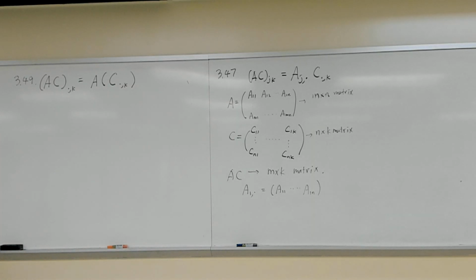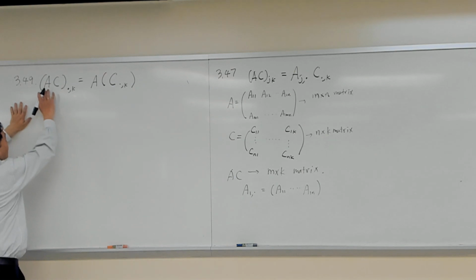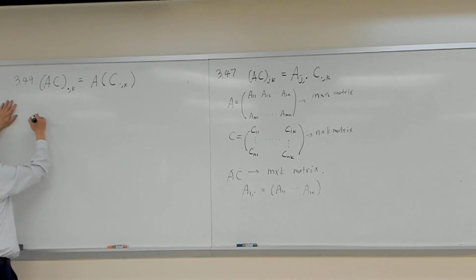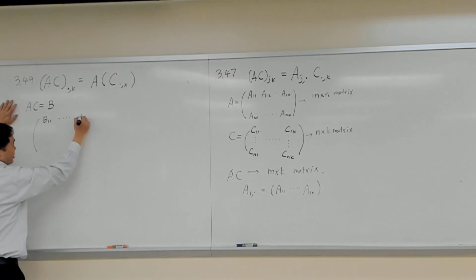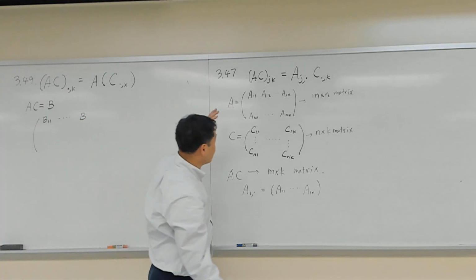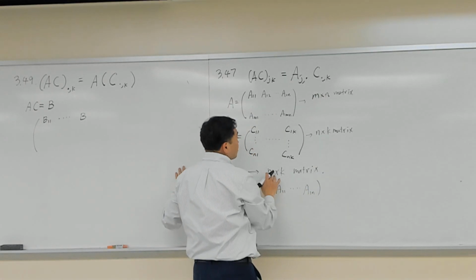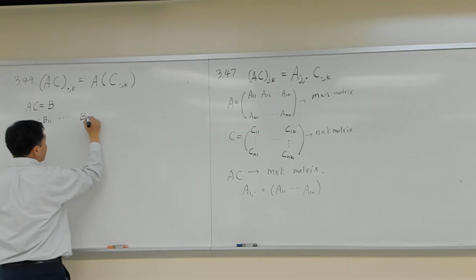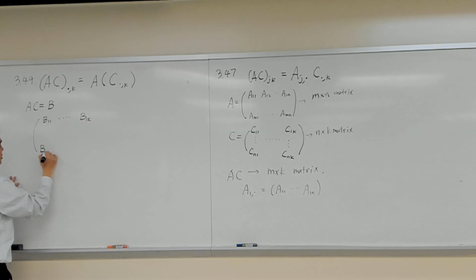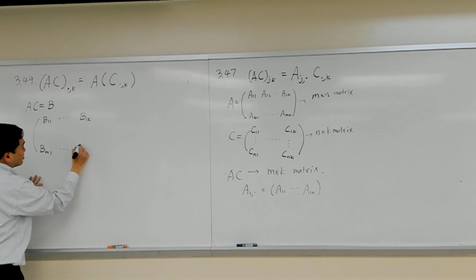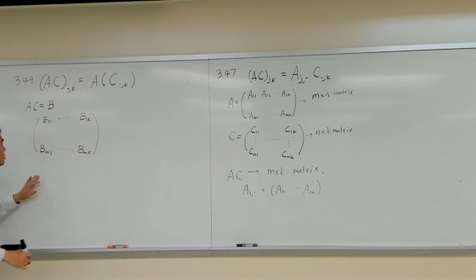Okay. So 3.49 has this idea. If you have the product matrix, let's say AC, we'll just denote this as B, so that you have B11, and this is an m by k matrix, so it goes up to K, and then Bm1 all the way till Bmk. So that's what AC is.